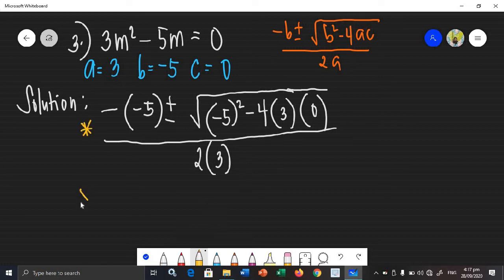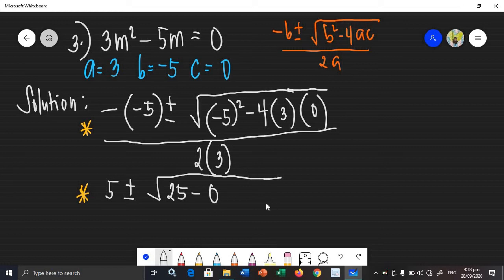Now, simplifying some of the given, negative times negative 5, the answer will be positive 5. Okay? Positive, negative, square root of negative 5 squared, that is 25. Minus 4 times 3 times 0, the answer is 0. Di ba?